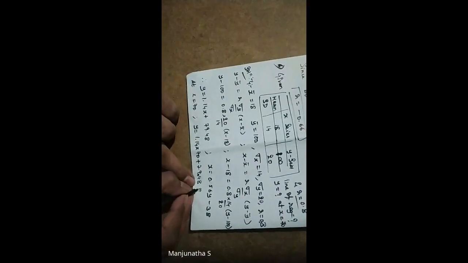Yeah, do it. 1.14 into 70 plus 79.48 is equal to 159.28, sir. Yeah, this is the correct answer.